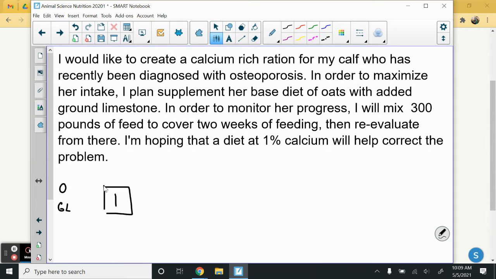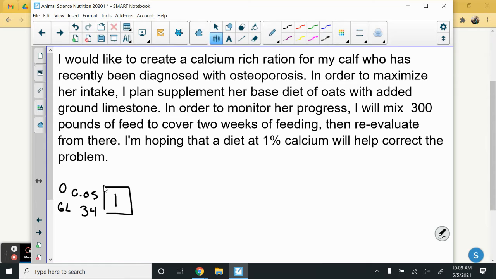It's 0.05% calcium. Then I'm going to go down to the supplement section, which is where I find ground limestone, and it's actually 34% calcium. That's why it's a supplement. It's only in there to help really raise the calcium needs of the animal in this case.